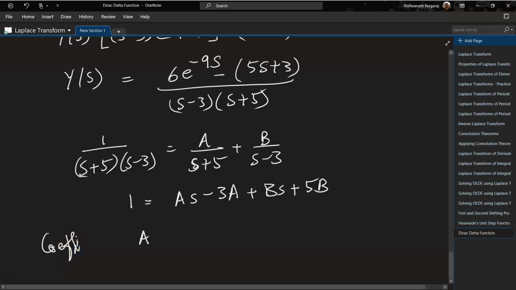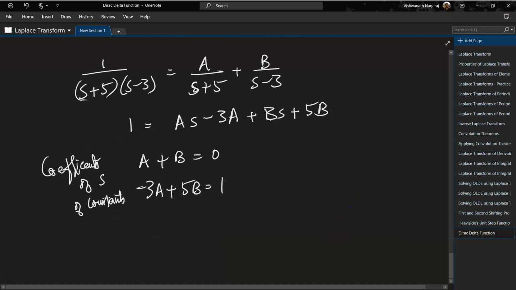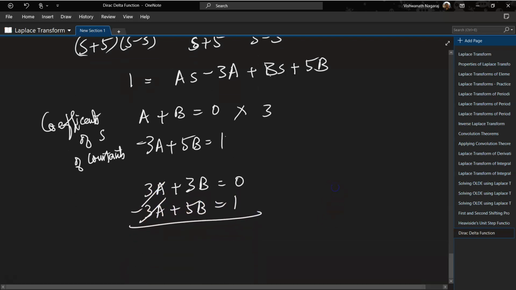Equating the coefficients of s will give us A plus B is equal to, there is no s on this side, so 0. Similarly, of constants, this gives us minus 3A plus 5B is equal to 1. Now let's multiply this by 3. We get 3A plus 3B is equal to 0, and minus 3A plus 5B is equal to 1. This cancels. We get 8B is equal to 1, B is equal to 1 by 8.